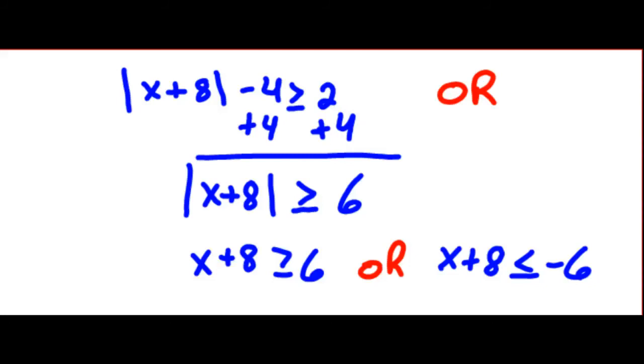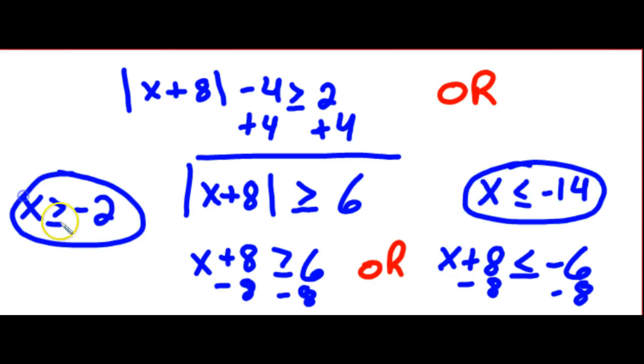Or on this side, we subtract 8. -6 minus 8 is -14. So x is less than or equal to -14. And those are our two solutions. x is greater than or equal to -2, or x is less than or equal to -14.